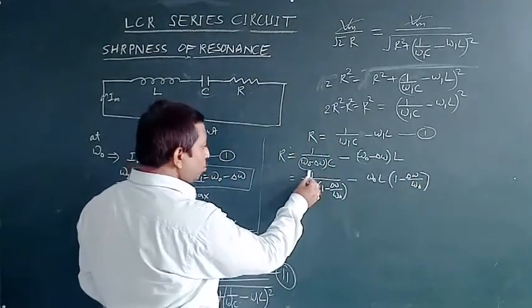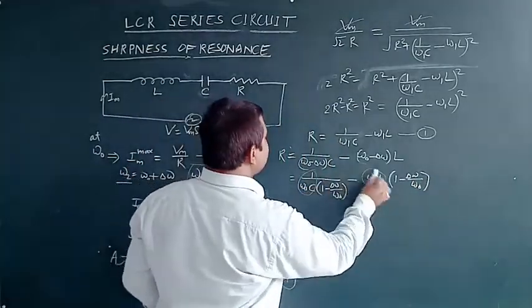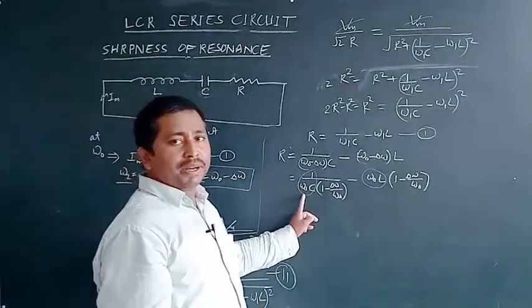Now as we know that 1 by omega naught C is equal to omega naught L, because omega naught is the resonance frequency.